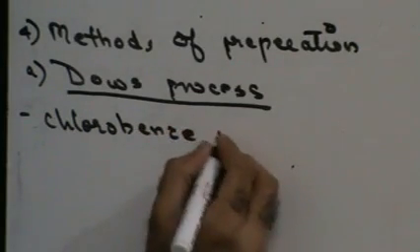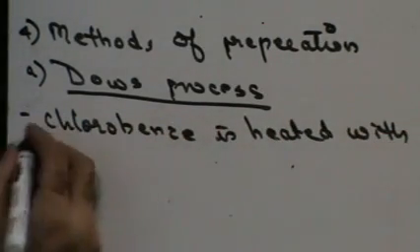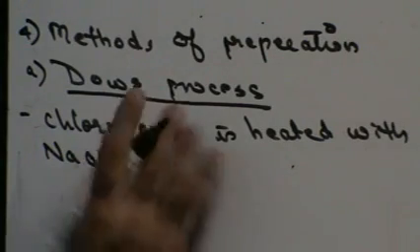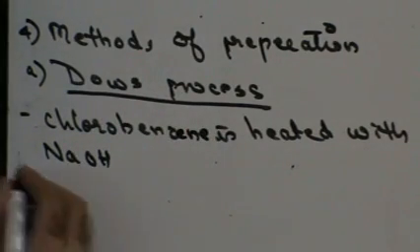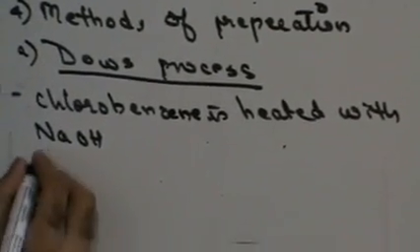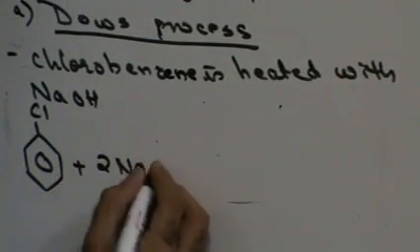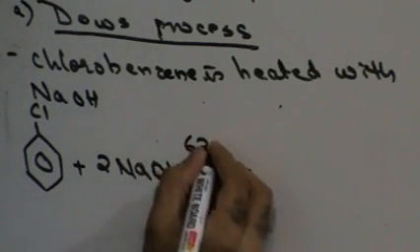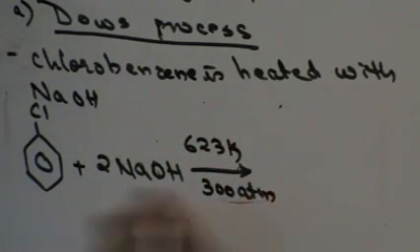So in the Dow process, chlorobenzene is heated with sodium hydroxide. This is your benzene ring, this is chlorobenzene. Chlorobenzene reacts with sodium hydroxide, right, at 623 Kelvin under 300 atmosphere pressure, right?